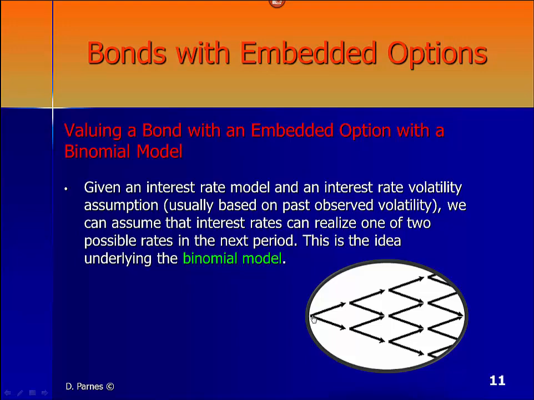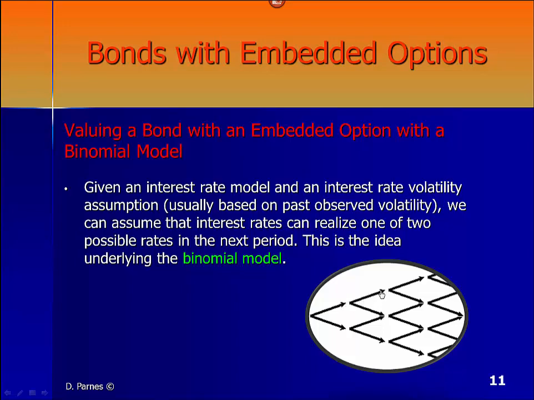So if we know the current interest rate right now at present time, we will predict what could be the interest rates 1 year from today in the up state and in the down state. And once it is here, for example, the interest rate in the up state, if the interest rate moves up, then from that point it may move up again or down.